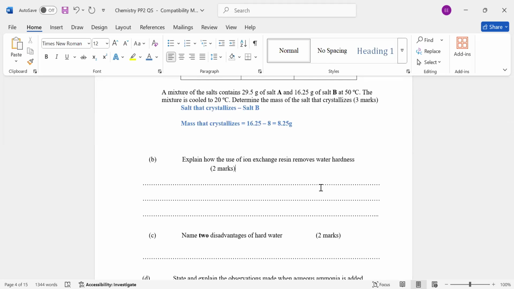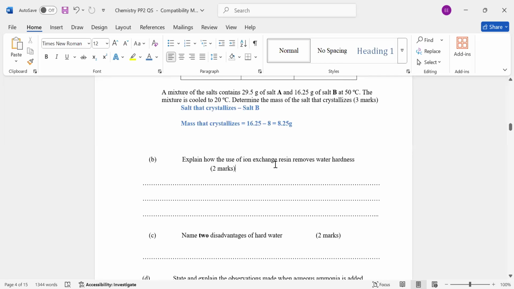If you're talking about ions, it means something in solution, for example magnesium carbonate or magnesium nitrate. So when we have these ions, magnesium ions and calcium ions, they are responsible for water hardness.